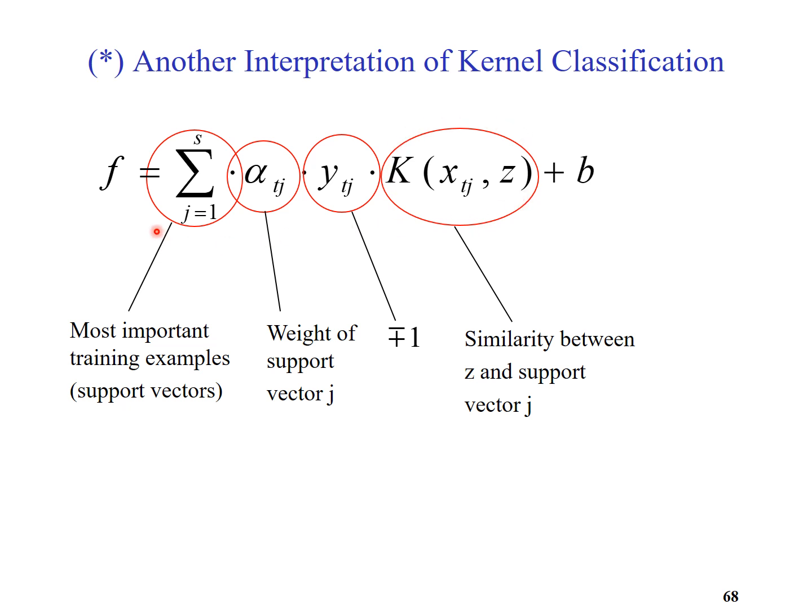That's what you do in SVM. That way this whole thing is represented as a linear classifier. This idea comes from the previous slide. That's another way of looking at SVM.